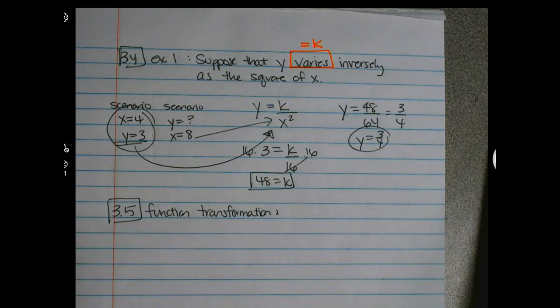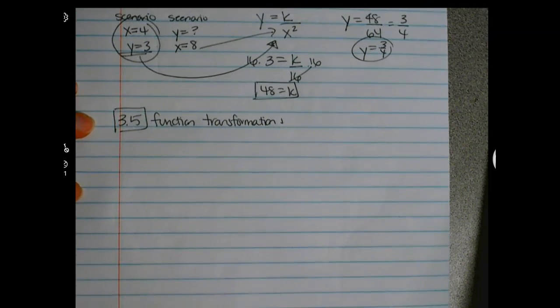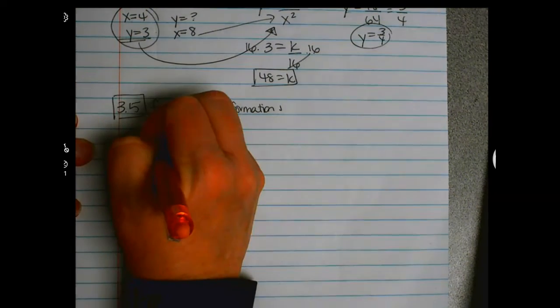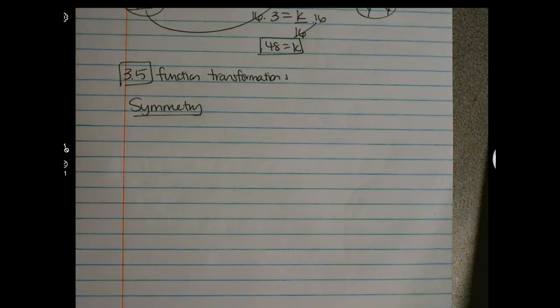Okay, so the one new thing I want to talk about with 3.5 is what's called symmetry. What do you think symmetry means? Shapes. And then what? The same on both sides. Same on both sides. So symmetry is about having the same thing on both sides of the axes.